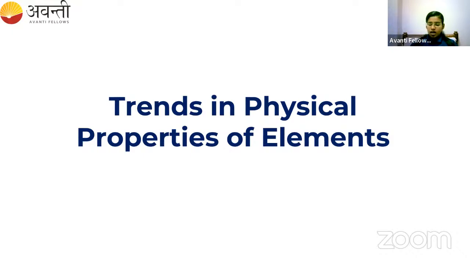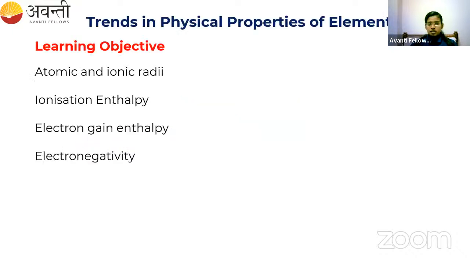There are four physical properties: atomic and ionic radii, ionization enthalpy, electron gain enthalpy, and electronegativity. These four are very important physical properties which we are going to study in this lesson, and they will be continued in the P block, D block, and F block lessons also.